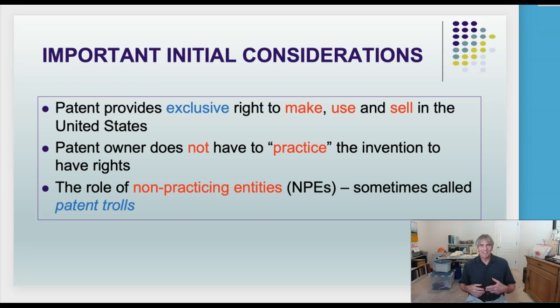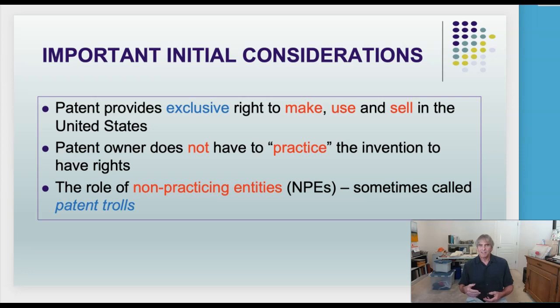On these next two slides, I listed several general considerations that are often relevant to decisions regarding patents. The first is that the patent grants its owner the exclusive right to make, use, or sell the invention in the United States. So think about this just for a moment. Of course, with a patent, the patent owner can make, use, or sell the invention if that's what he wants to do.